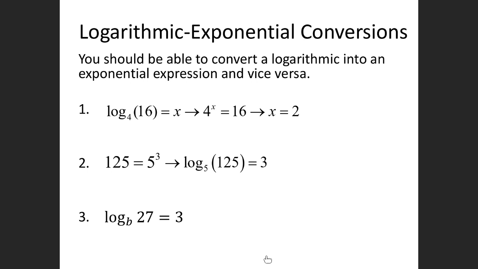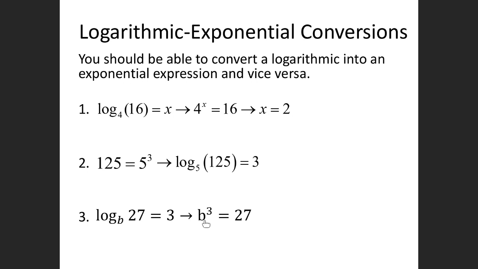So let's look at another one. We have log of base b, input 27, is equal to 3. Let's convert this into an exponential function. My base in this problem is b, so my exponential function is b. My output of my log was 3, so it becomes the input of the exponential function.